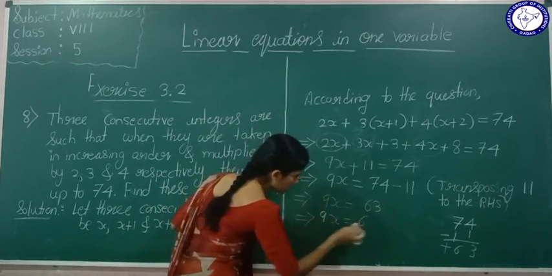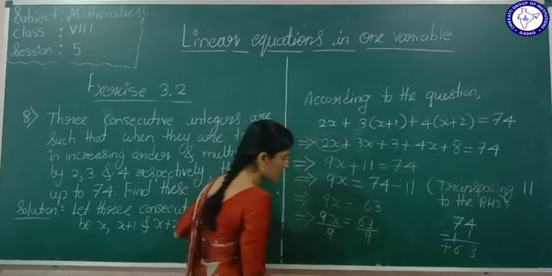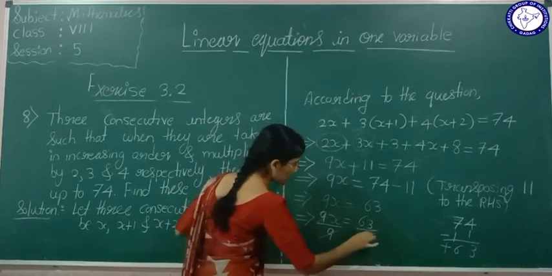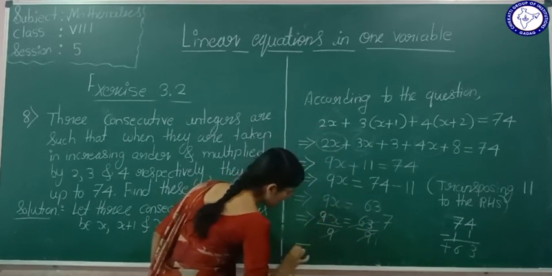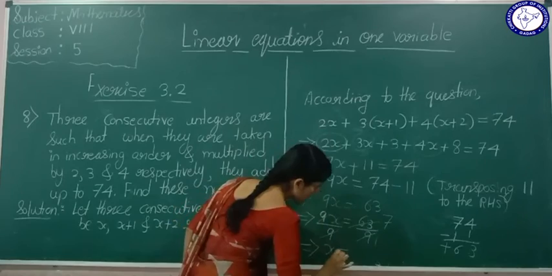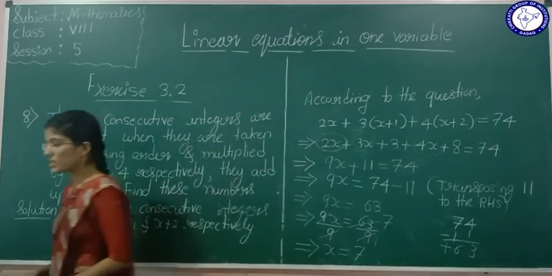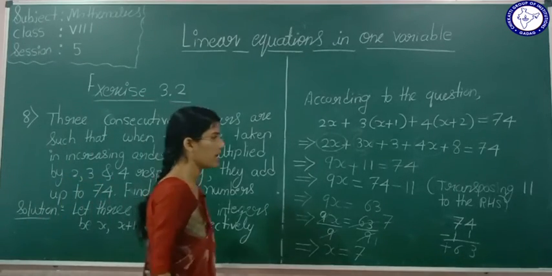We will divide both sides by 9. If we divide, 9 is going to eliminate. 9 ones are 9, 9 sevens are 63. So this implies x is equal to 7. Therefore, the 3 consecutive integers, definitely, will be 7, 8, 9.